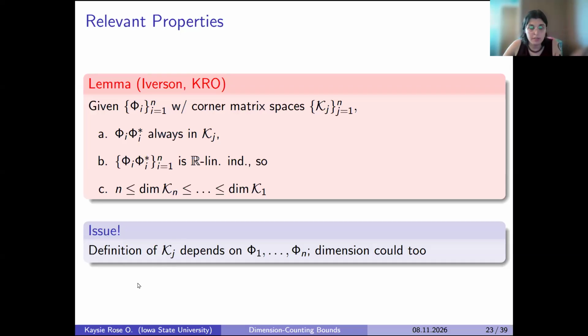But an issue we could run into here is that this definition depends on the isometries that we started with. And if the definition of the space depends on the isometries, we can't know for certain that the dimension doesn't. So before we can try and beat lemmas inside Del, we have to solve this issue.